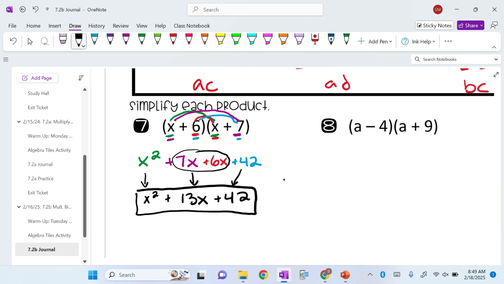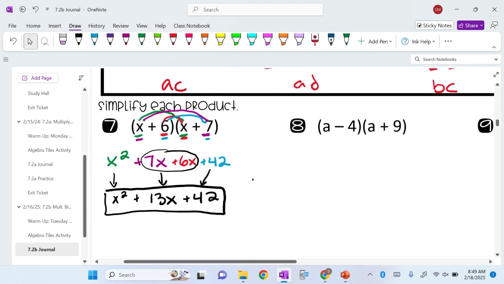Now for number 8, or the next example, let's try that one with box method. All right. So if I'm doing a binomial by a binomial, what's the size of my box going to be? So 2 terms by 2 terms. So my box will be a 2 by 2 box, right?